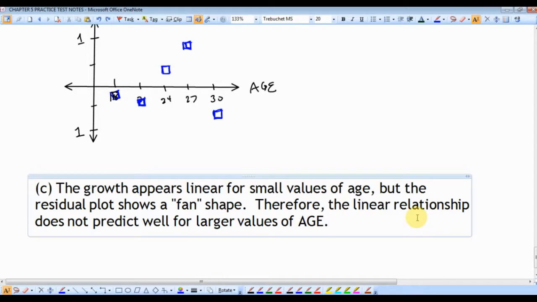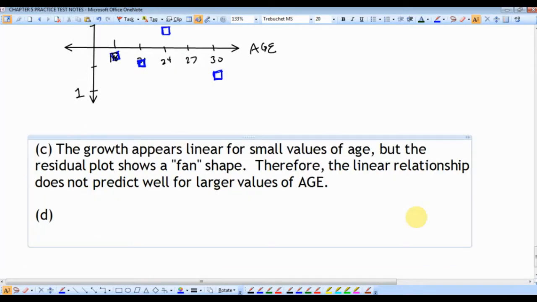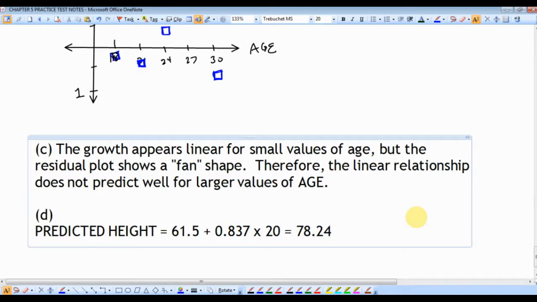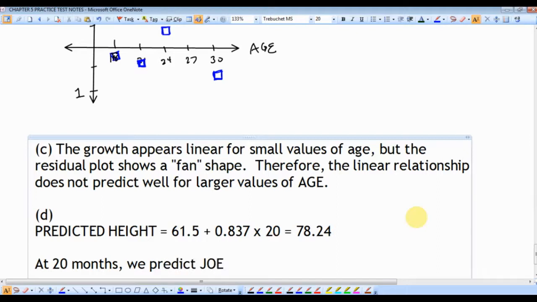Letter D. At 20 months, predicted height equals 61.5 plus 0.837 times, well, what age is it going to be at 20 months? That gives me 78 centimeters.